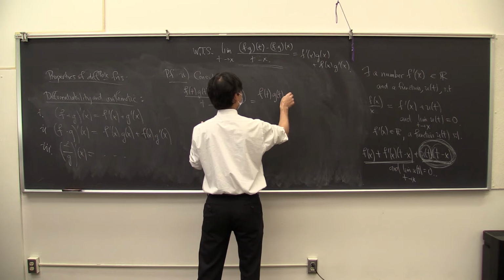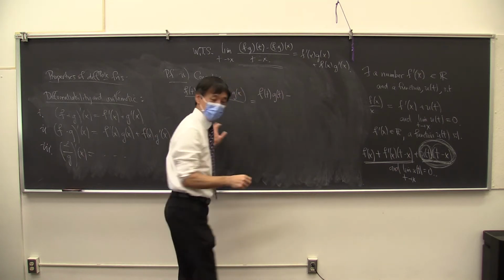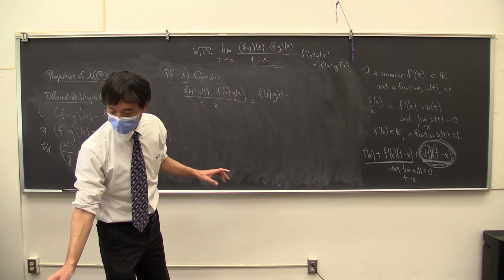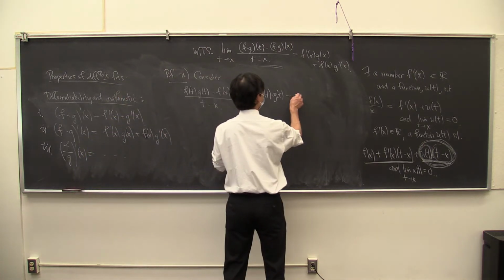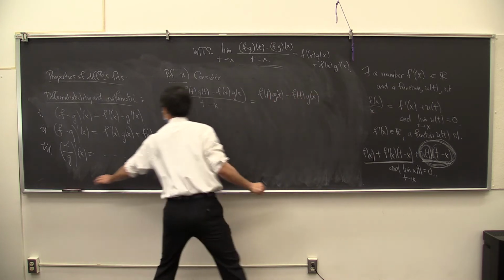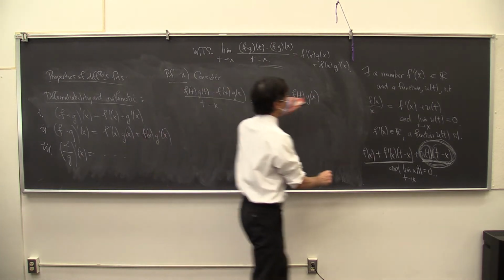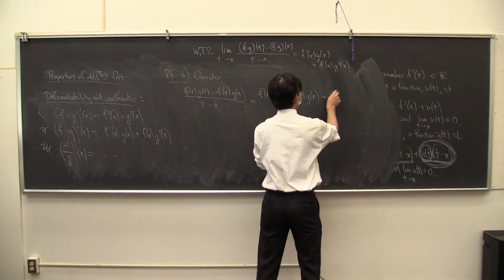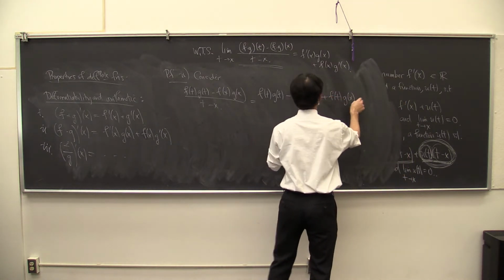We're going to subtract off f of t g of x, and then we're going to add it right back in.